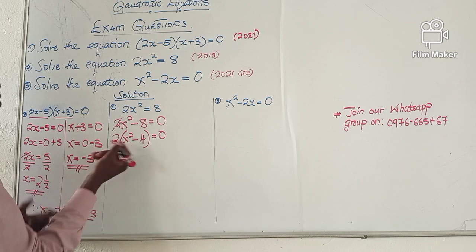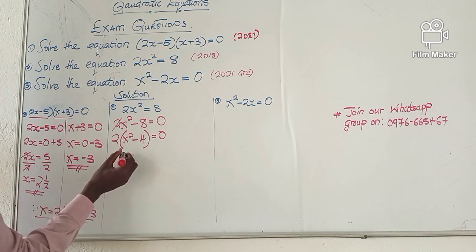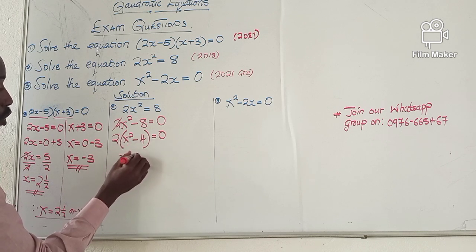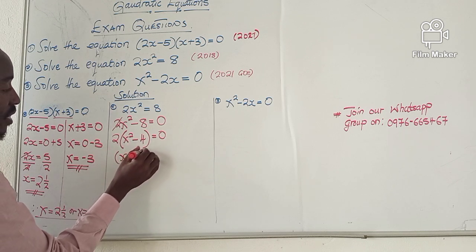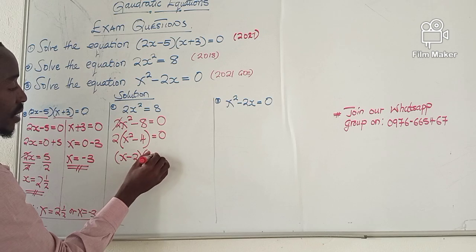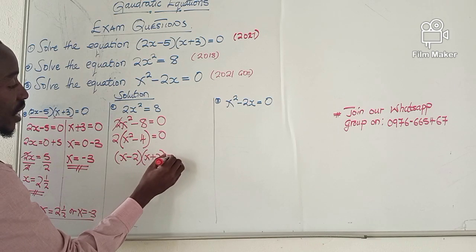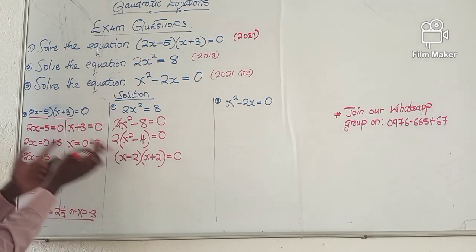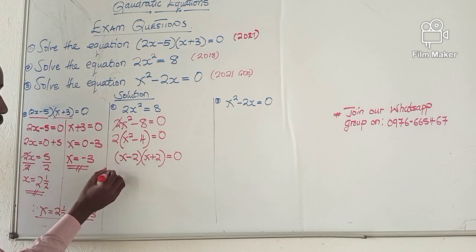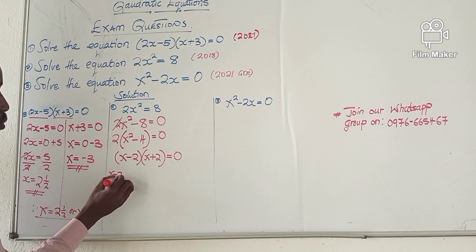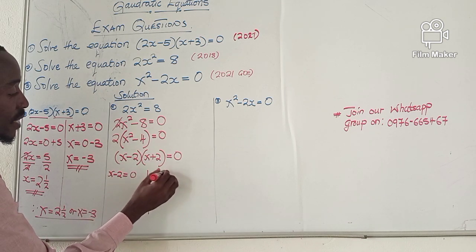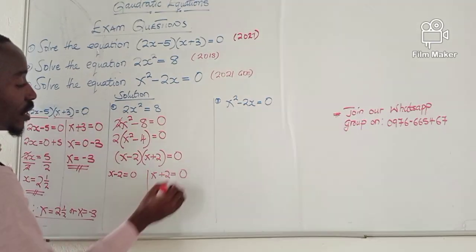You still need to simplify this. When you remember the difference of two squares, this will be (x minus 2)(x plus 2) equals to 0. When you reach here, you solve it the way you solved the previous one. So x minus 2 equals 0, or x plus 2 equals 0.